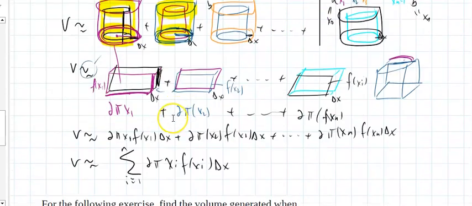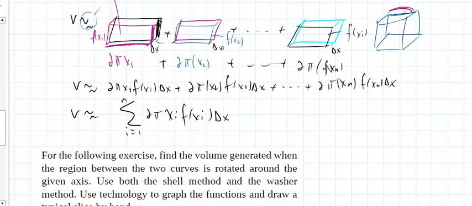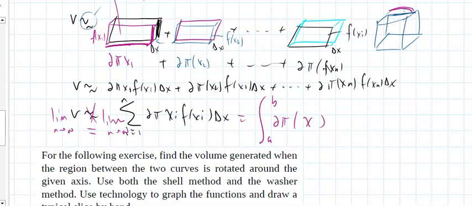So if I take the limit as n approaches infinity, I'll get the volume to equal the integral from a to b of 2 pi x, that's the radius, f of x, that's the height, and dx, that's the thickness.